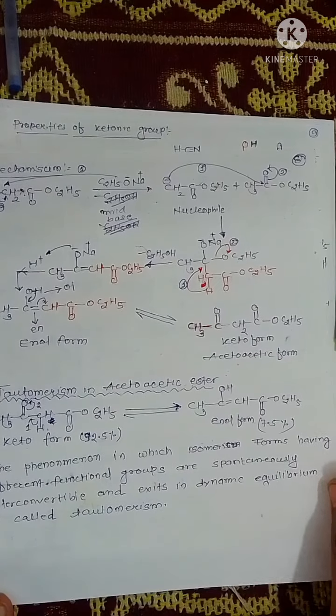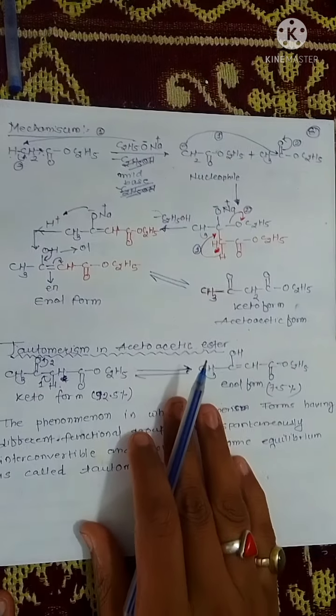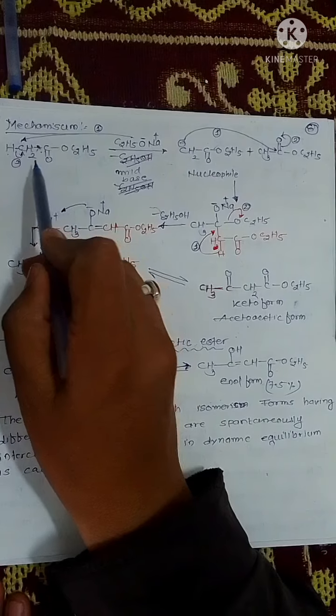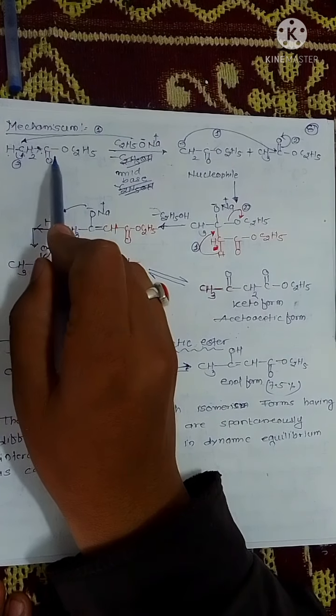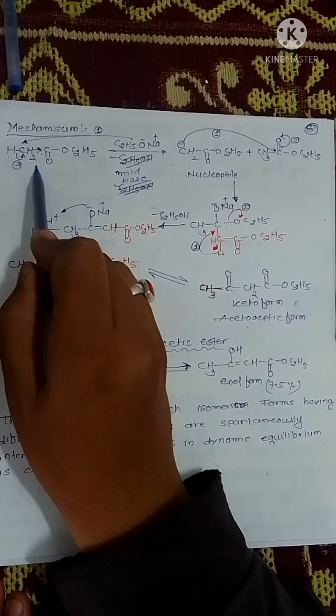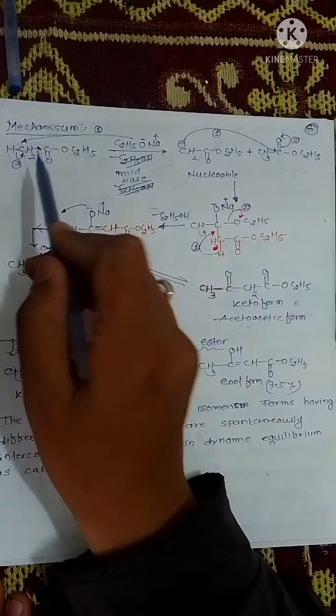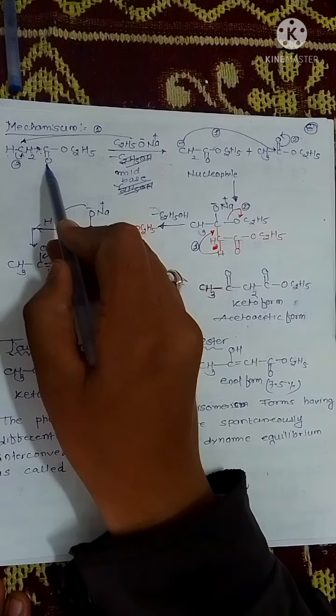So just see here the mechanism of Claisen condensation. In the first step, one molecule of ethyl acetate is taken.